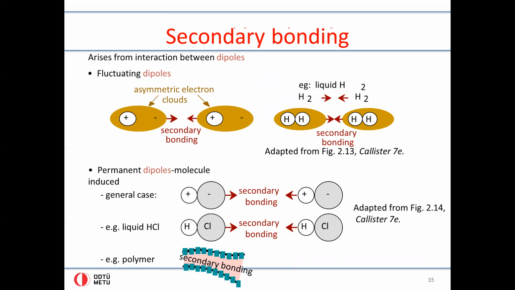And the one case that I want to mention for secondary bonding is that in the case of polymers or plastics, which we had said was a combination of secondary and covalent bonds, you have a structure which is like a chain structure, mostly made of carbon and some other atoms attached to carbon, but like a chain of carbon and another chain of carbon, which are held together by the weak bonds, the van der Waals bonds.